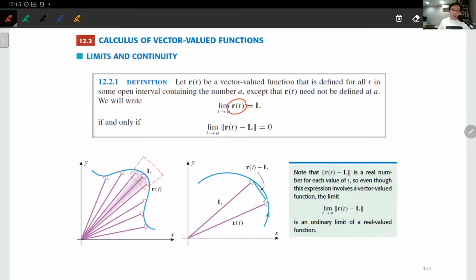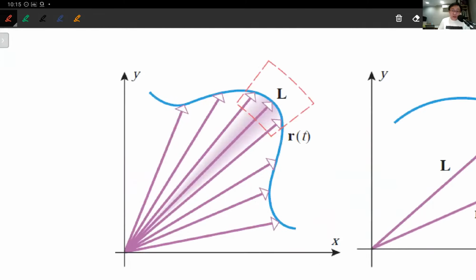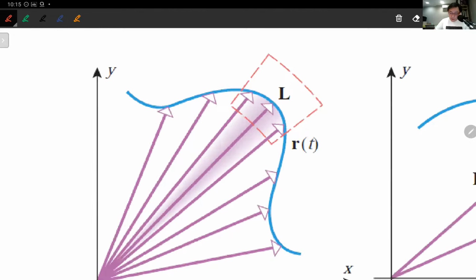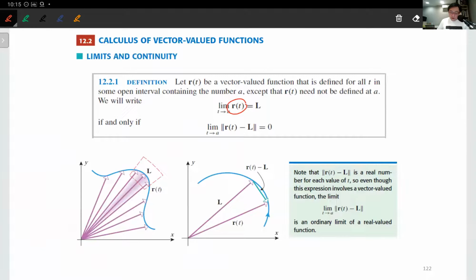I'm not going to bore you with continuity and all this stuff because, of course, common sense: if you have a curve that looks continuous, that means there must be no jump on this curve. So everything must trace very nicely. Every time you zoom into any portion of this curve, the limit will eventually approach 0.